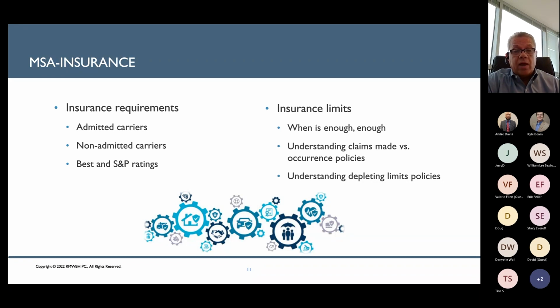The problem that associations are having, and I'm sure some of you have seen this, is that excess coverage liability, umbrella liability, has become very, very expensive. It's been priced out of the range for a lot of companies. And so some of them are just making a decision, we are not going to carry it, or we're not going to carry what we used to carry. And that's the deal. If you want to use us, this is what it is.